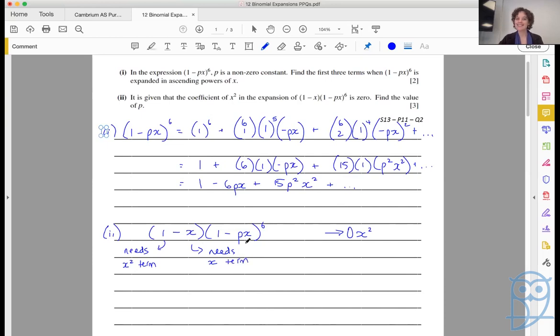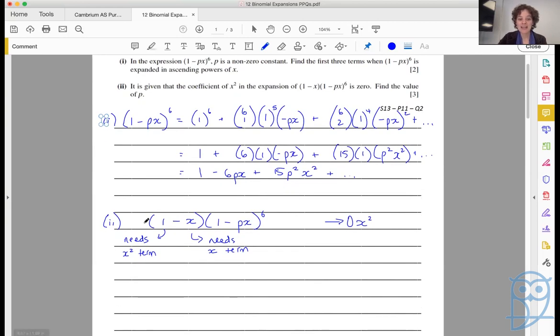And then we smile, because the world is starting to make sense. Because 1 minus px to the 6 is what we dealt with in part 1. And look what we did. We've got a constant, an x term, and an x squared term. So from here, we can actually look for our x squared term.